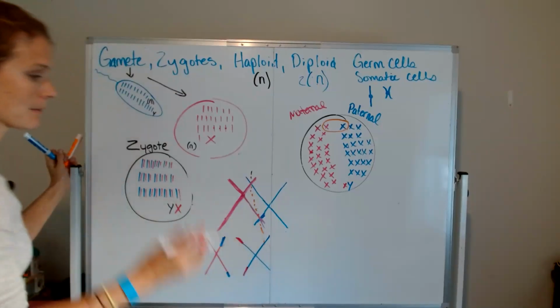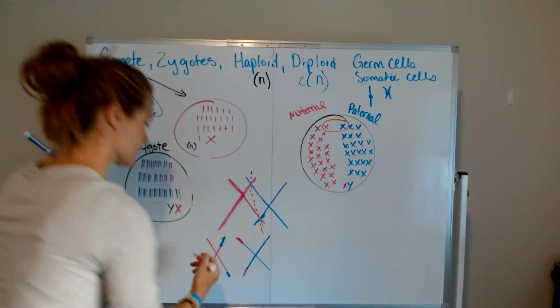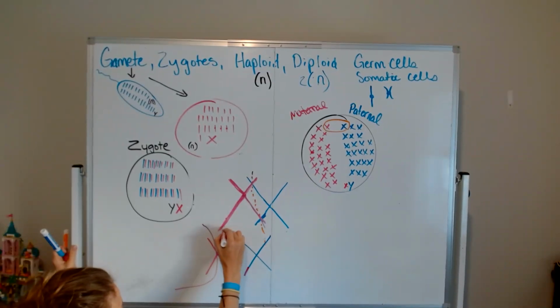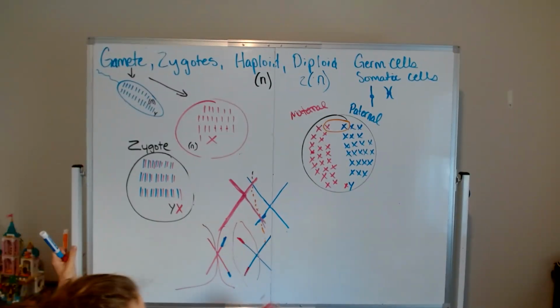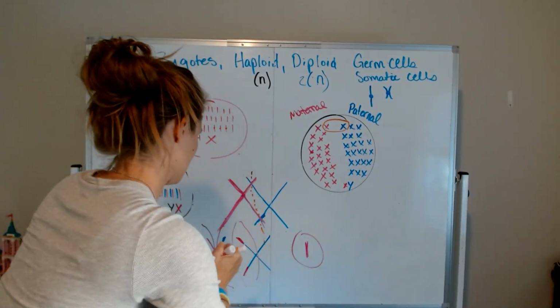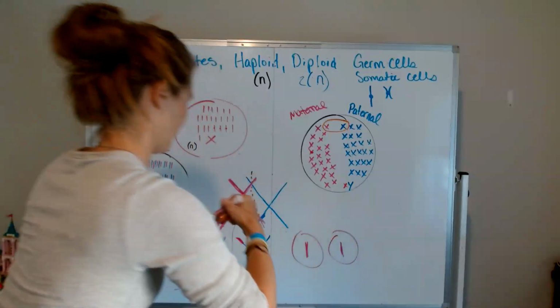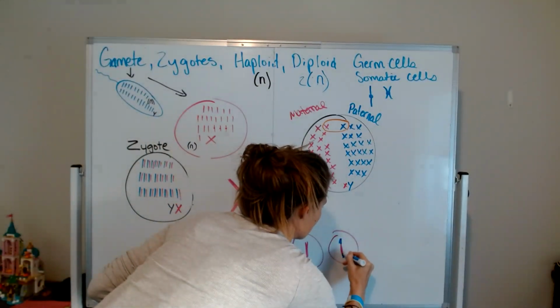When they get split up and they become the 4 germ cells, or the 4 gametes, it would look like this. So by the time meiosis is over, this one would go here, this one would go here, this one would go here. So let's look at the cells. We would have this one here, and it would look like this with its blue.